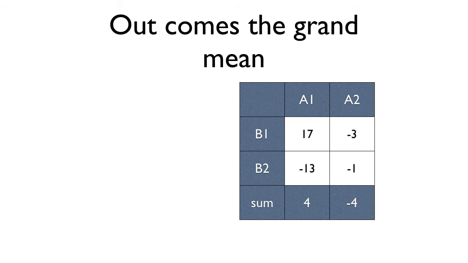Now you can do the A's first or the B's first, doesn't matter, but just pick one. I picked the A's. 4 and negative 4 is the sum, so that means the effect of A1 is 2 and the effect of A2 is negative 2. You know, it's interesting, those are deviations from a mean.